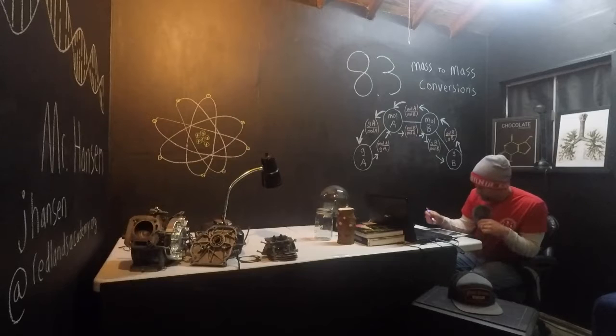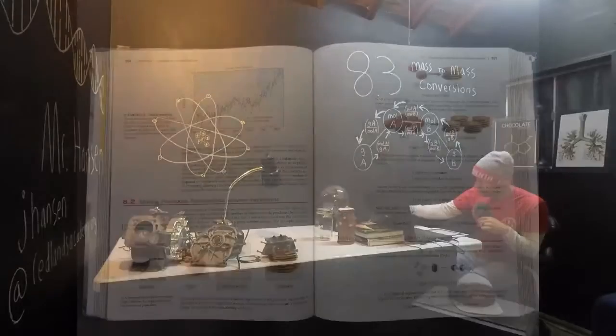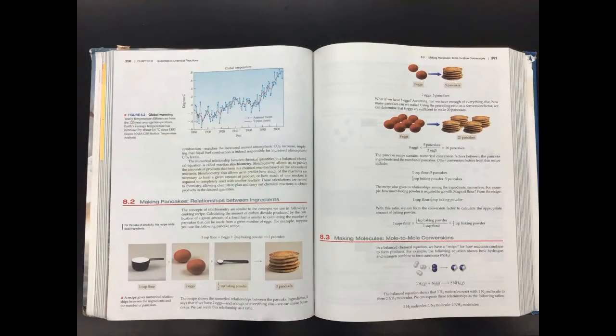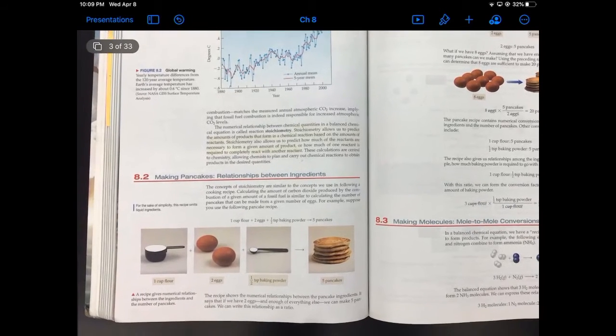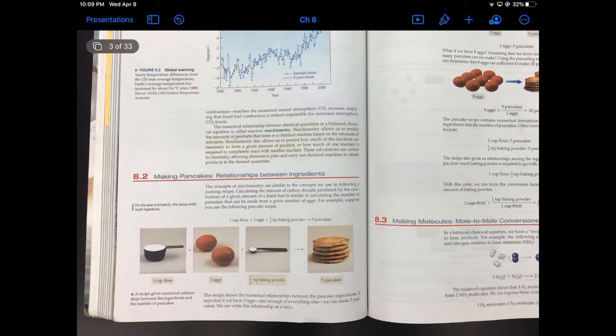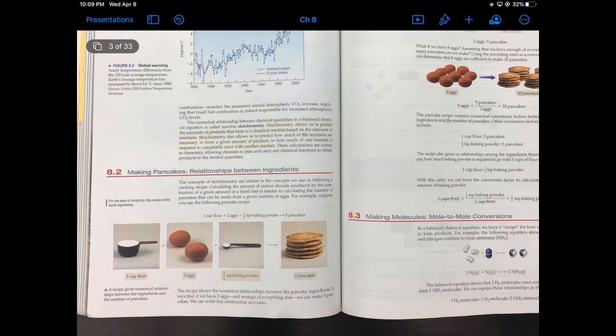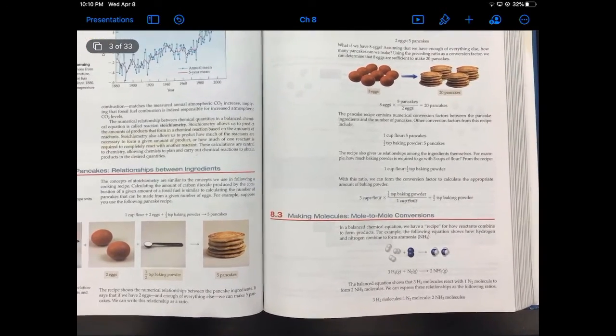Let's do a quick recap of where we started out. When we analyzed the pancake recipe, we used it as an analogy, and then we said, instead of making pancakes, we can make molecules.